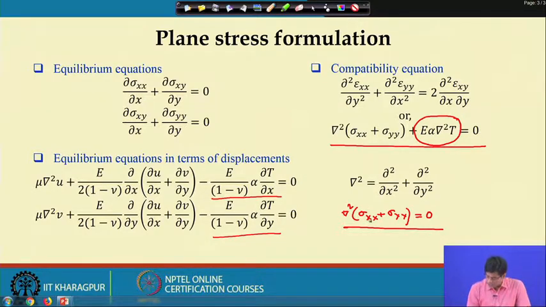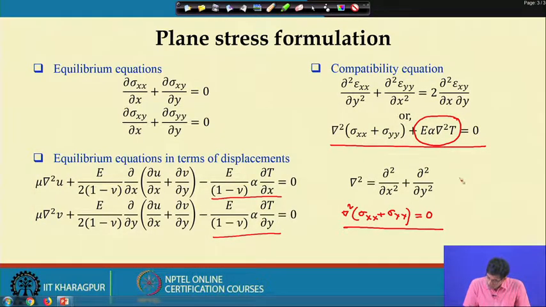Now, if you also remember, for a plane strain deformation, which we deduced in the last lecture, we had E alpha into 1 minus nu.